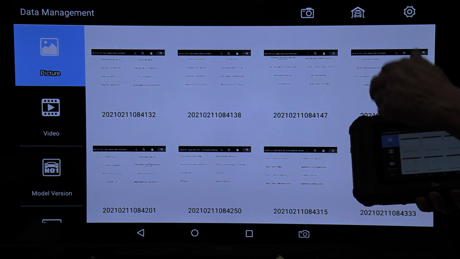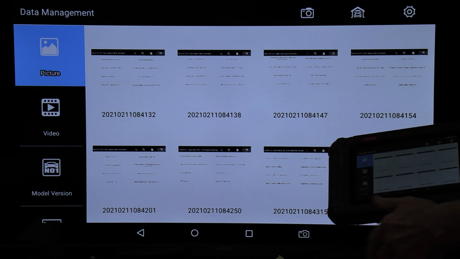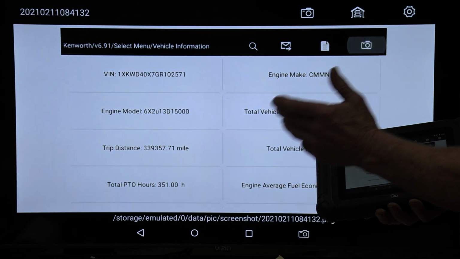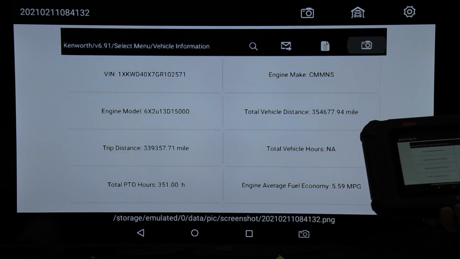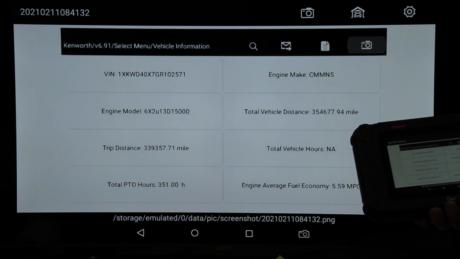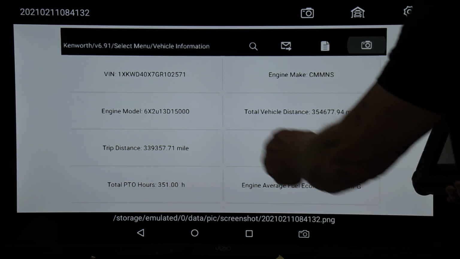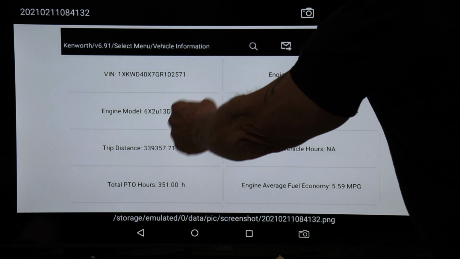Okay, so I deleted earlier ones, so I'm going to start highlighting it, and we'll walk through this slowly. One of the first things, of course, and this is a KW, plus at the same time I'm trying to show you the value of the scan tool, the type of information we can get out of there. So right off the bat, it's KW vehicle information.